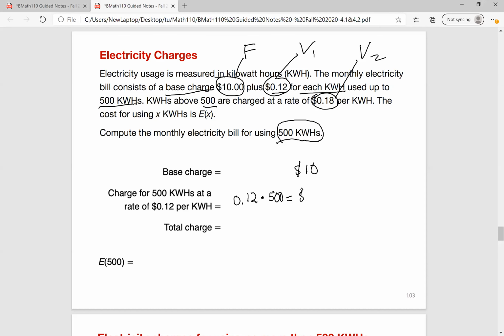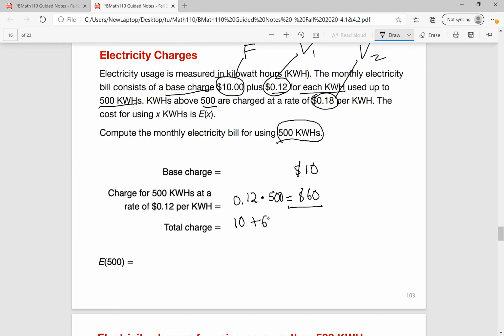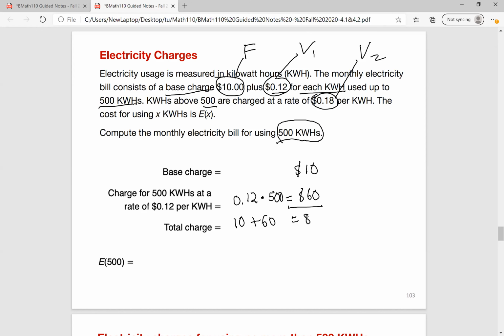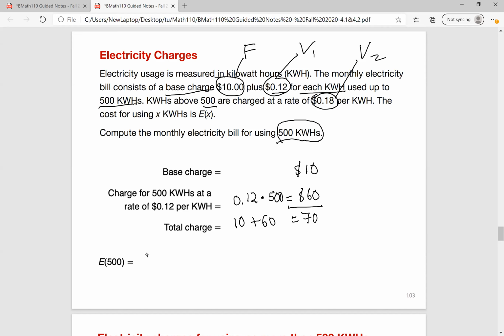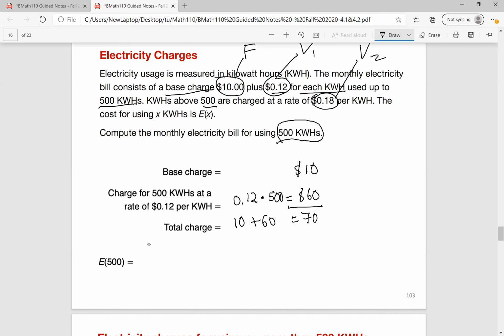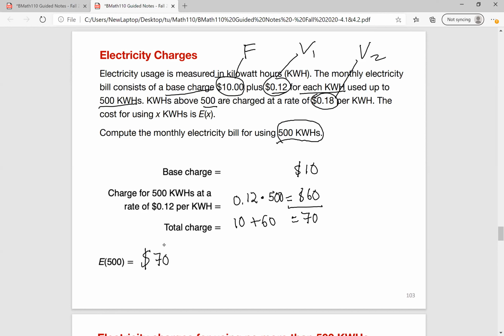So total charge, you add them up: 10 plus 60 will equal, sorry, 70. And the answer has to be $70. Okay.